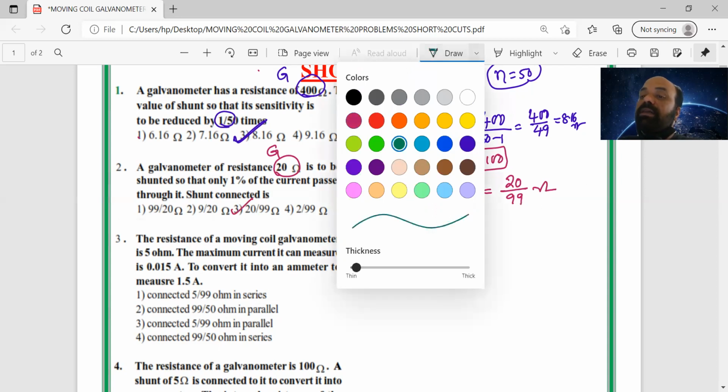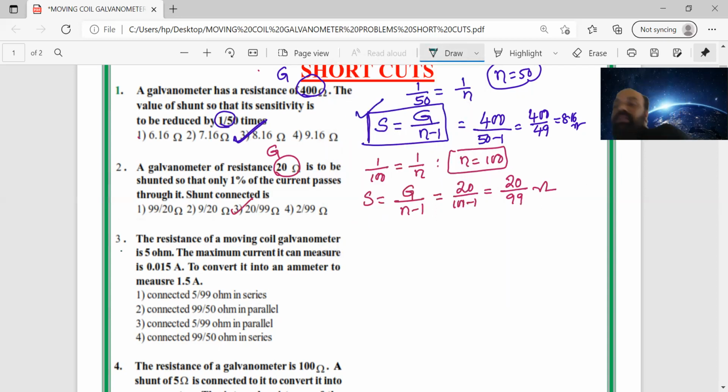Next, see the third one. The resistance of a moving coil galvanometer is 5 ohm. The maximum current that can be measured is the galvanometer current. Now we want to convert it into an ammeter. We know that a moving coil galvanometer can be converted into an ammeter by connecting a small resistance in parallel.